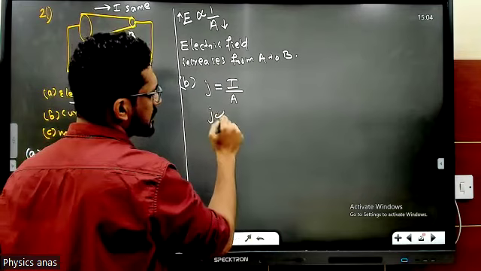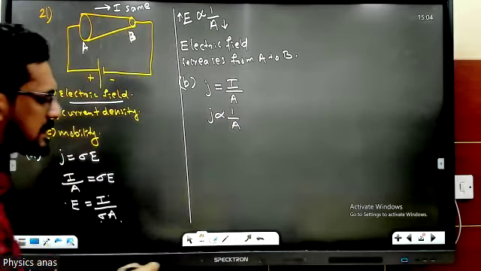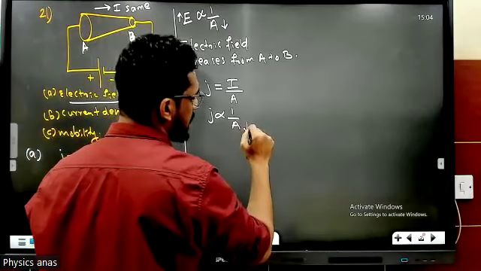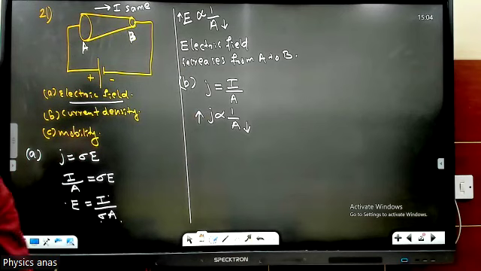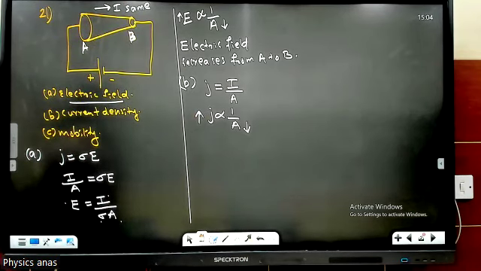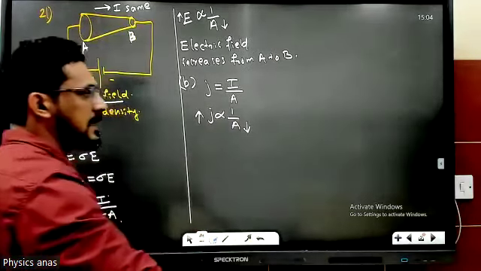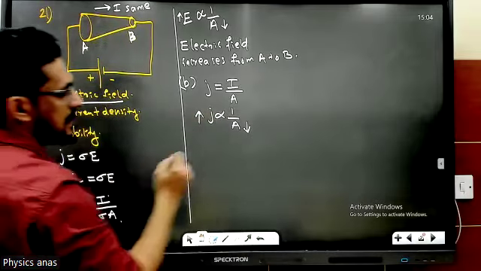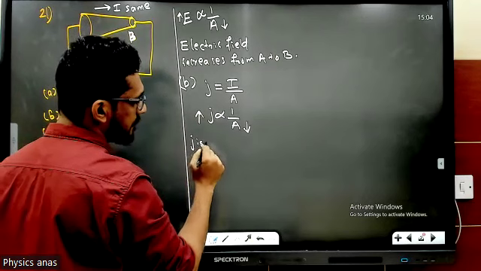That means J is inversely proportional to A. If area is decreasing, current density will be increasing. Current is a constant along the conductor, but the current density is changing.